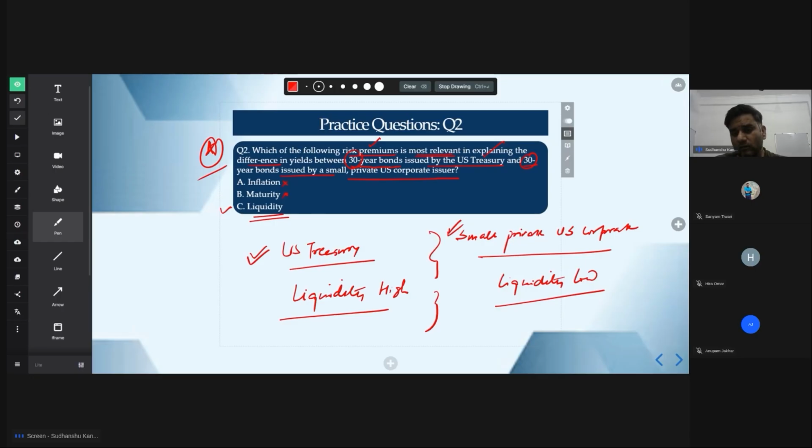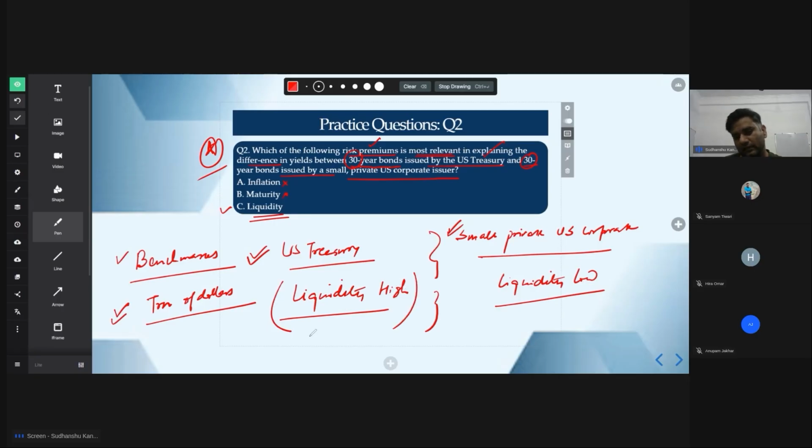The point to keep in mind is that US Treasury is like a benchmark, and the amount of money traded in US Treasuries is trillions of dollars, not billions, trillions of dollars.